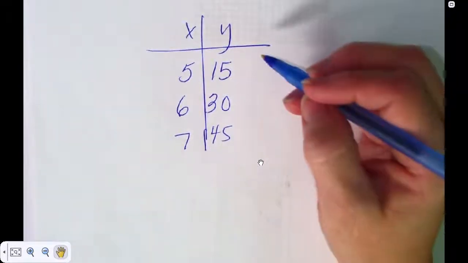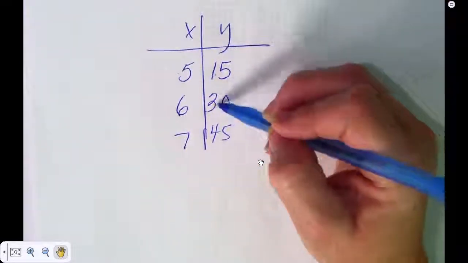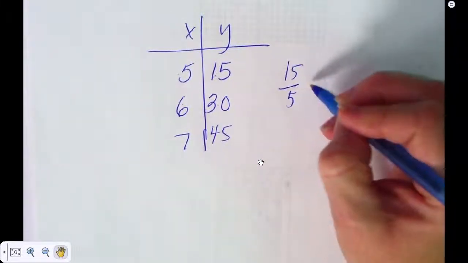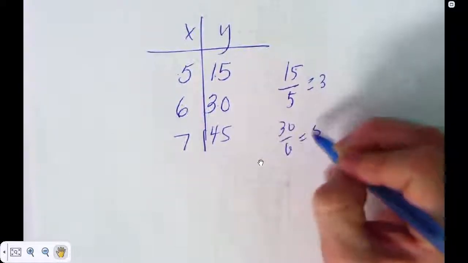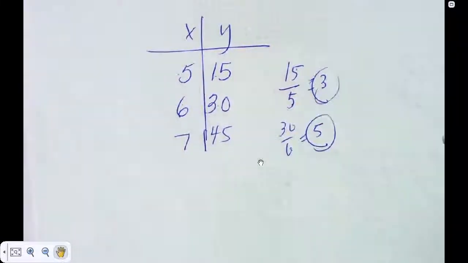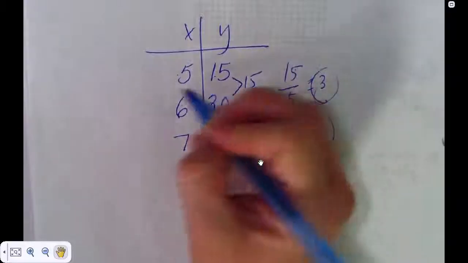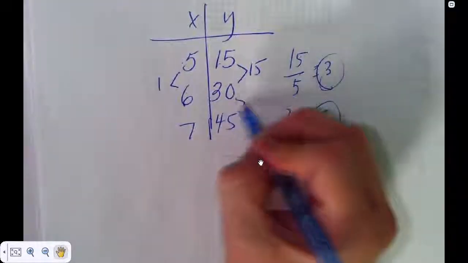What's 15 divided by 5? 3. What's 30 divided by 6? 5. So here's how you can prove it to me. 15 over 5 is 3. 30 divided by 6 is 5. Those aren't equal. But guess what? It's linear, isn't it? What does this go up? 15. What does this go up? 1.